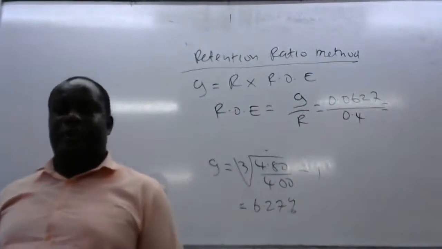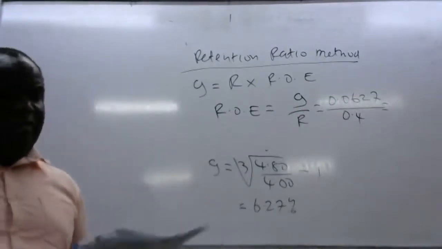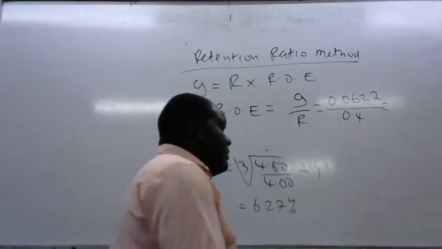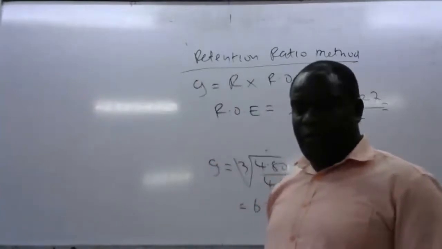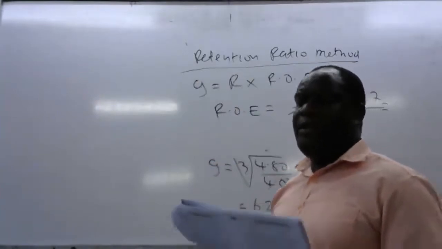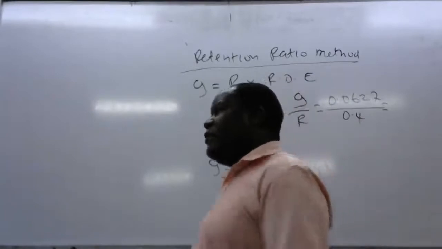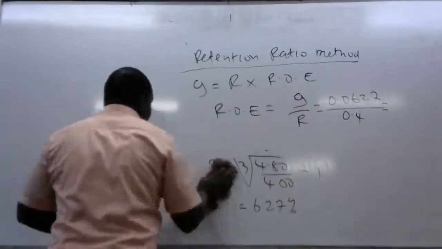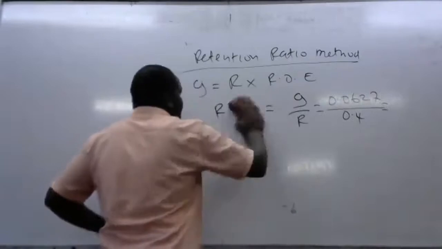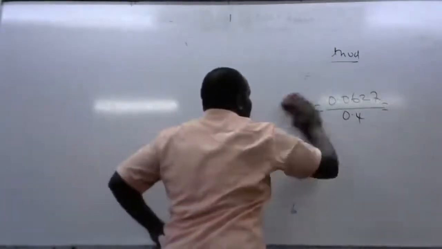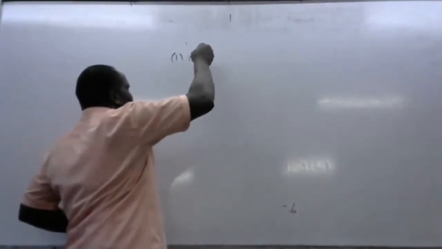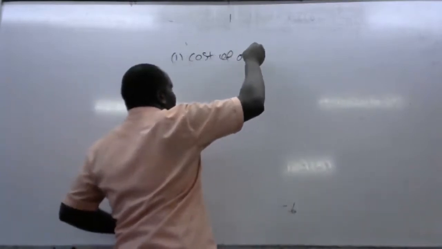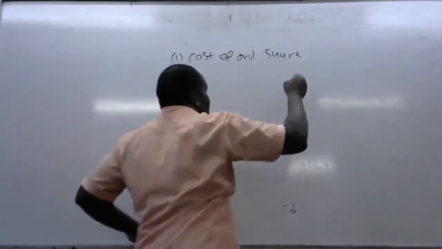We now go to the Roman letter 2, where they require you to get the WACC. To compute the WACC, we should get the cost of retained earnings. This question also had debentures and preferred shares. So let us compute the cost of the ordinary share.